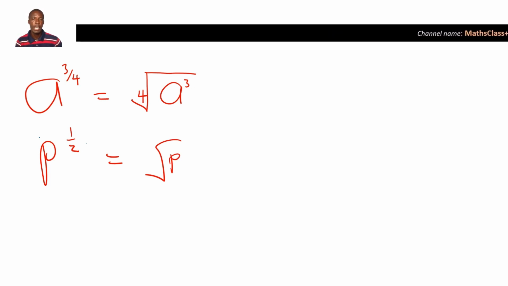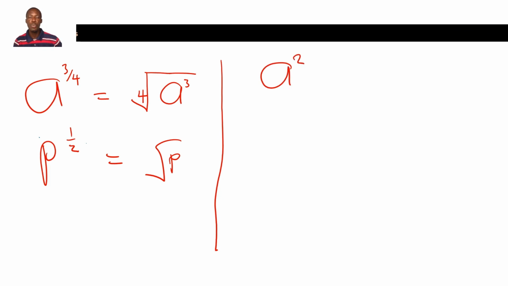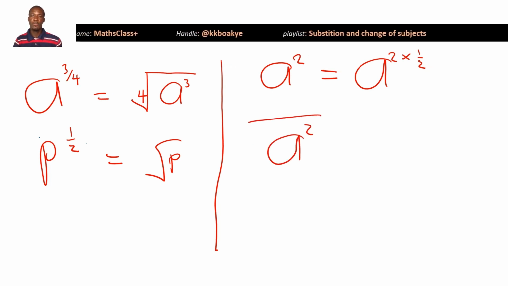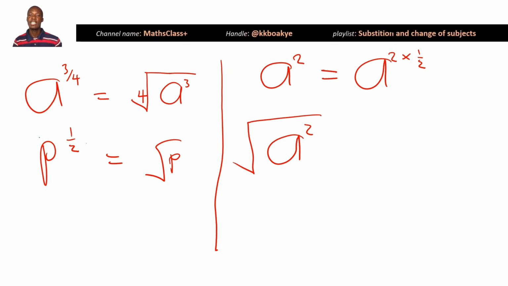If you have an expression that is a to the power 2, and you want to get rid of the 2, you either make it a to the power 2 times half, or you can make it a squared and then you find the square root of it. So that this one cancels this, just as this one will cancel this. I hope you get it right.